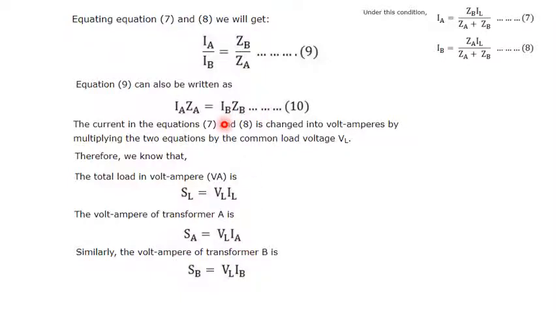For transformer B, represented in volt ampere, SB is equal to VL into IB. Our intention is to represent these in terms of volt ampere, because we can represent the transformer rating in terms of volt ampere.